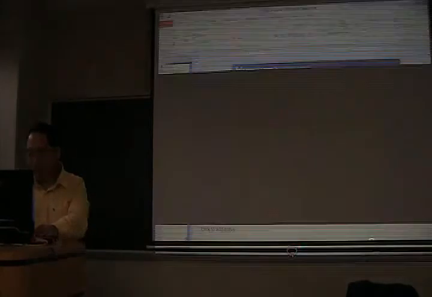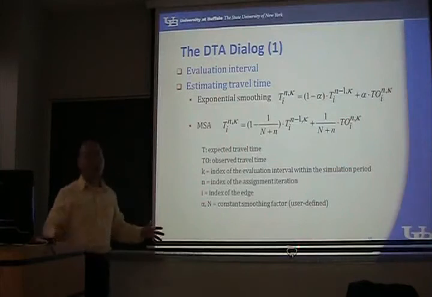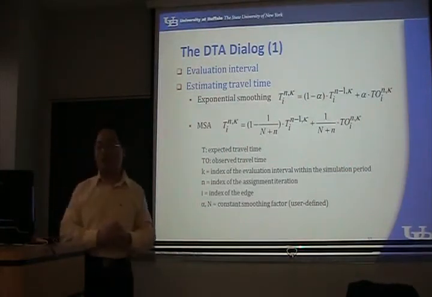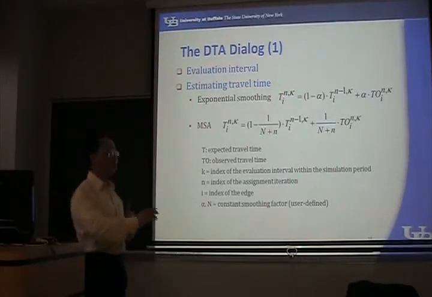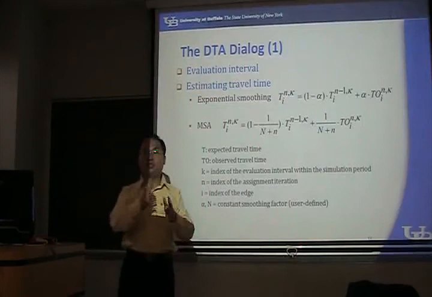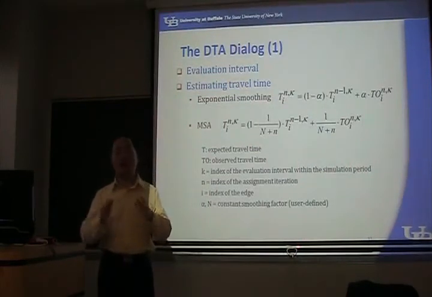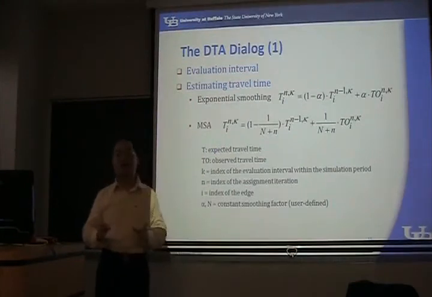I want to explain this DTA dialog. There are several things to talk about. The first thing is called the evaluation interval. In vSim, for example, your simulation time is 1 hour, but you can cut this 1 hour into several intervals, and each interval is called an evaluation interval.